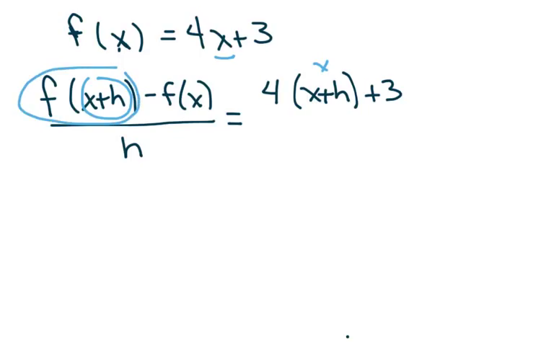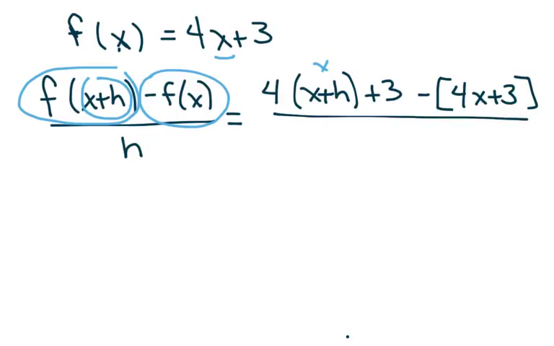Now we're going to subtract the whole function. So minus the whole function, make sure you put in parentheses or brackets, which would be 4x plus 3. And don't forget to divide by h.